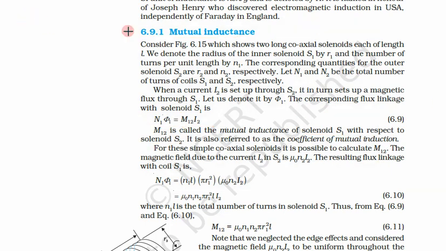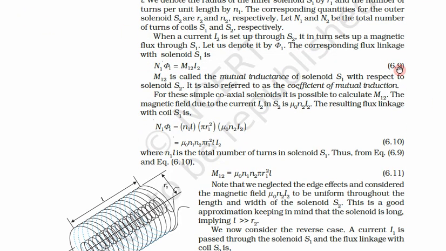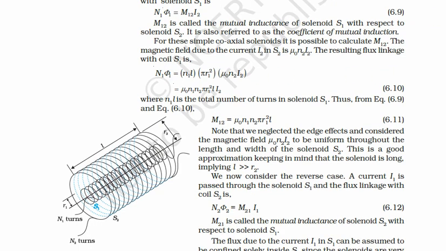Now let us see what is there. Since these are simple coaxial coils, because the axis is same, for these simple coaxial coils it is possible to calculate M12. So let us calculate how we calculate M12. The magnetic field due to current I2.